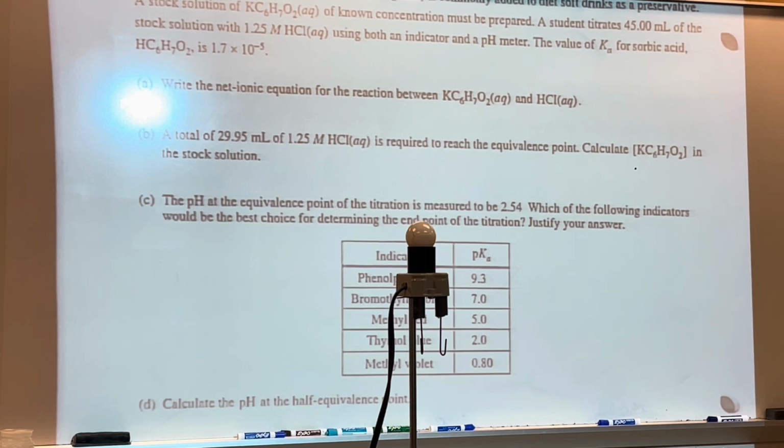So which one do you think is going to be the best one here? Thymol blue, because the pKa of the indicator is closest to the pH. So it's going to change colors closest to 2.54.